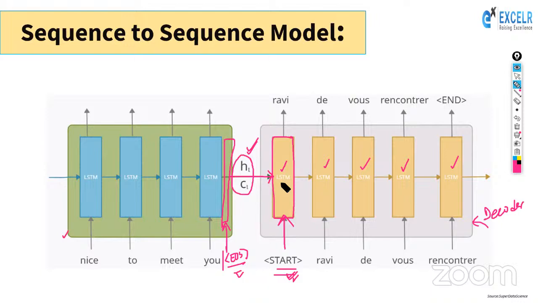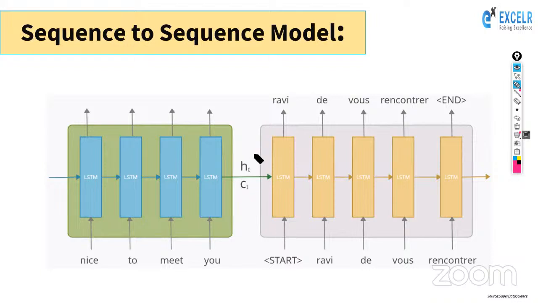Anyways, so this is the input for the first LSTM module in case of a decoder, and based upon this particular information from the encoder, the decoder will generate the output word, a particular word, right? Now this word will be the input for the second LSTM module. You can see here it is generating Ravi, which is the input for the second LSTM module.